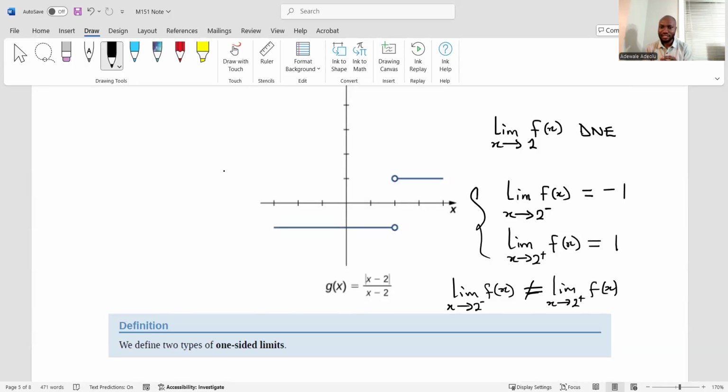So since -1 is different from 1, the limit from the left is different from the limit from the right. That means one thing: look at it, I do not put from the left or from the right on it again. I just say 2. So it implies that the limit of f of x as x goes to 2 does not exist. But we can talk about the one-sided limits. I hope that makes sense, guys.